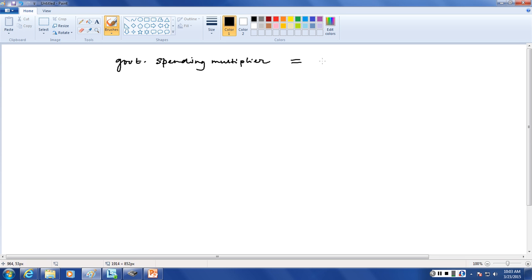What is the government spending multiplier equal to? It's 1 divided by 1 minus the MPC, precisely. Correct? Now, what is the definition of this multiplier? How would you define this in words? What is that 1 divided by 1 minus MPC?